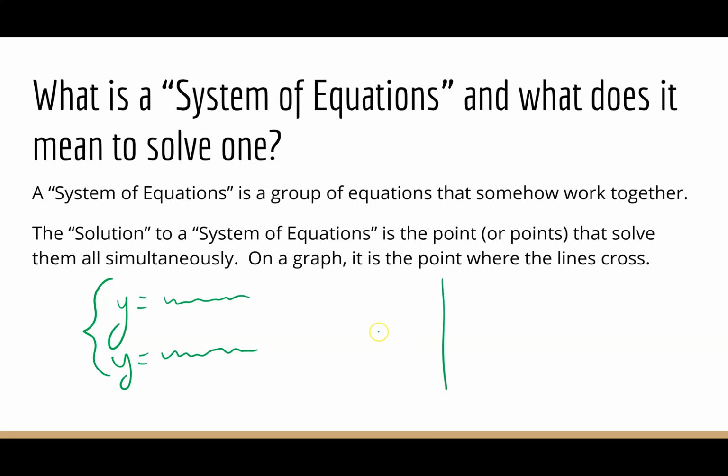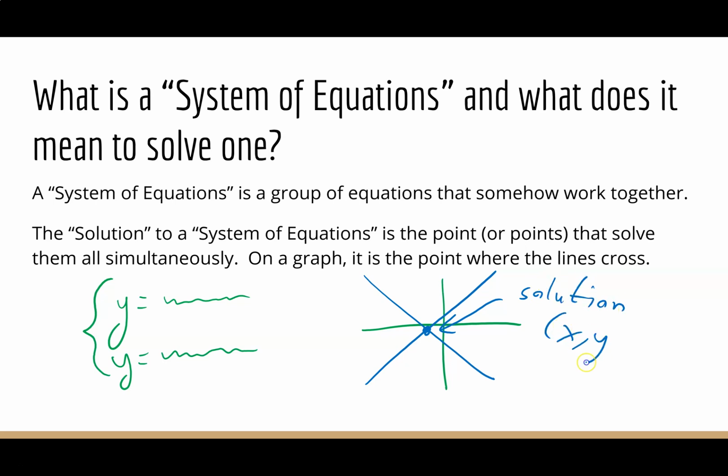If these were to be graphed, so let me change my color for the other lines. Let's say we have one right here and one right there. The point where they cross would be the solution. And it always is written as an x-y pair. Okay. So on the graph, it's where they cross.